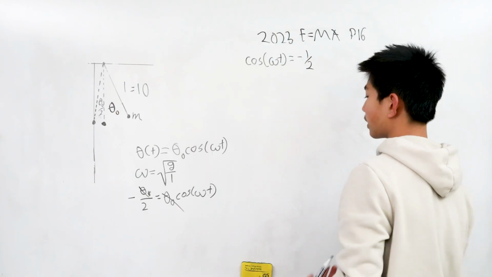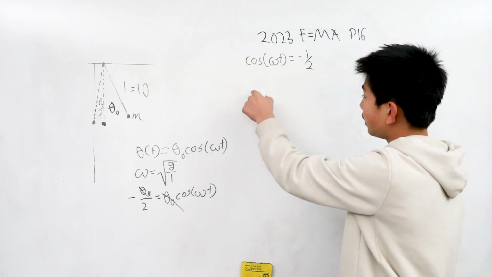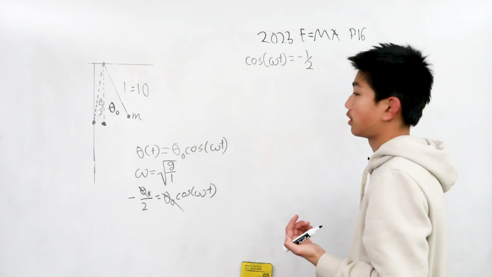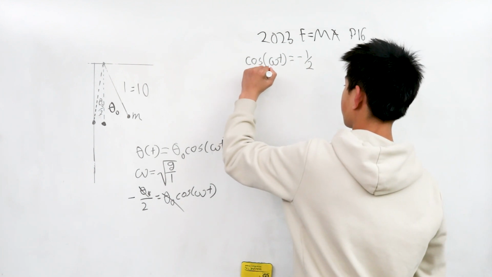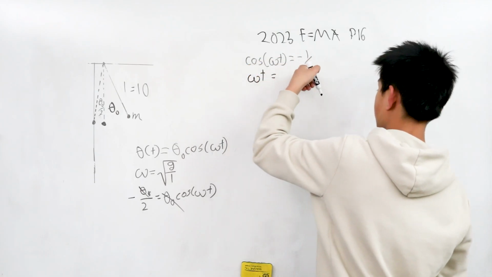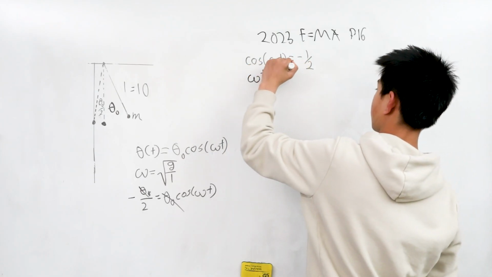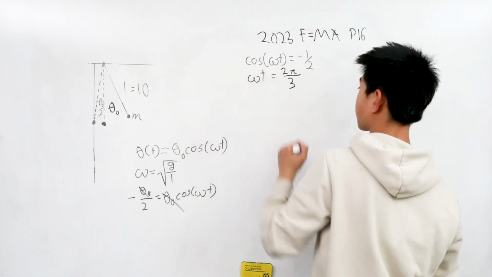So now we can effectively get rid of the cosine by taking the arc cosine of both sides. So omega times time is now 2 pi over 3.